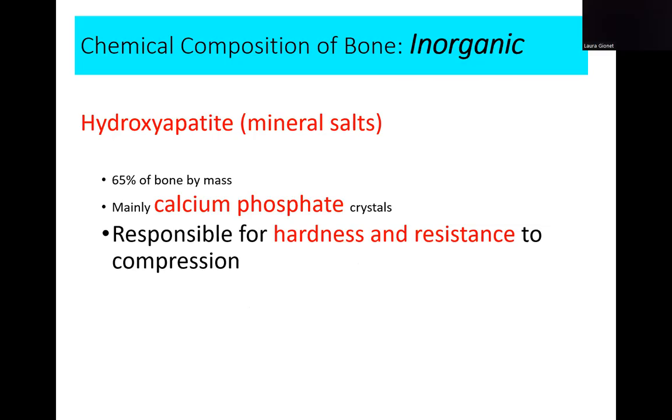And those calcium phosphate crystals are responsible for the hardness and the resistance of bone to compression. It gives it the hard part of it. Hydroxyapatite is about 65% of the bone mass, just for those who want to know. Right. So the hard part of the bone is going to be the hydroxyapatite, and it's mainly composed of calcium phosphate crystals.